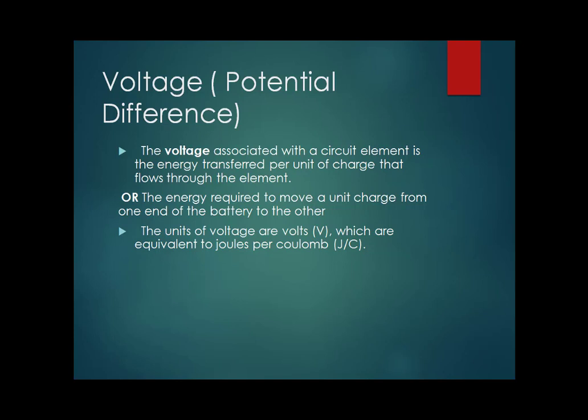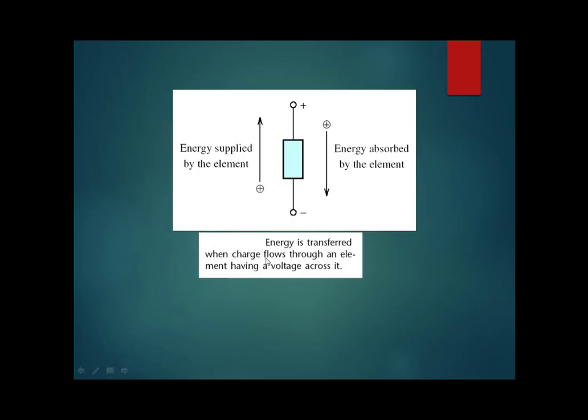In another simplified form, the energy required to move a unit charge from one end of the battery to the other end is also known as potential difference. When a potential difference is created, our charge will flow, which causes a current. The unit of voltage is volts, written as V, which is equal to joules per coulomb.